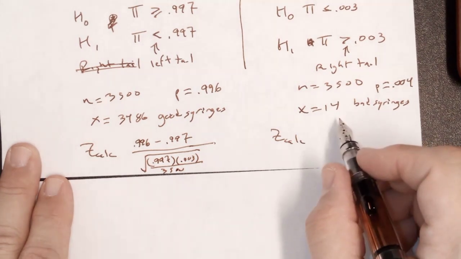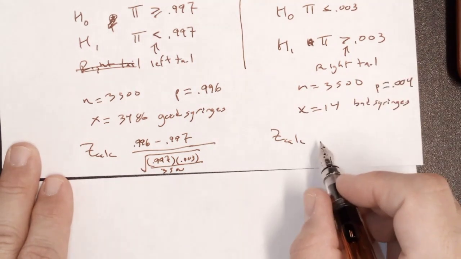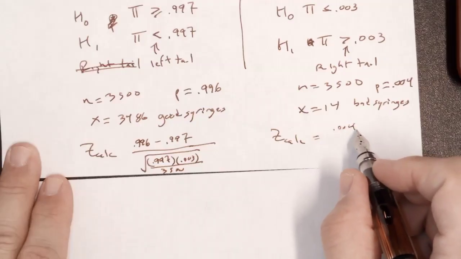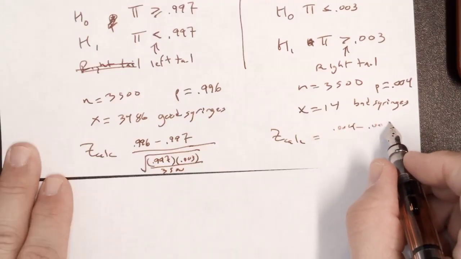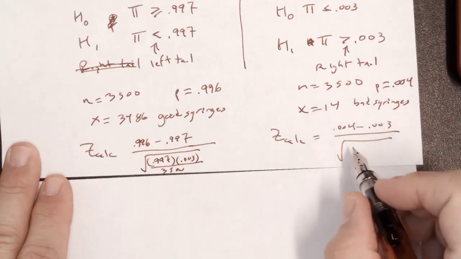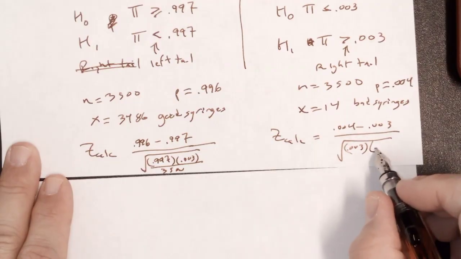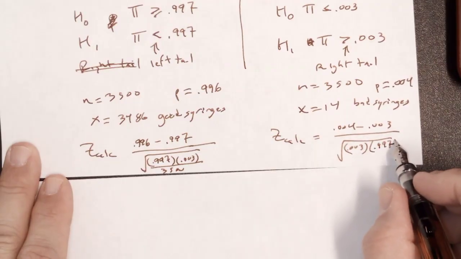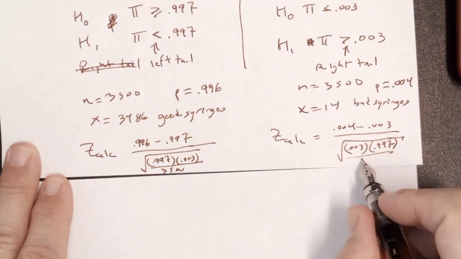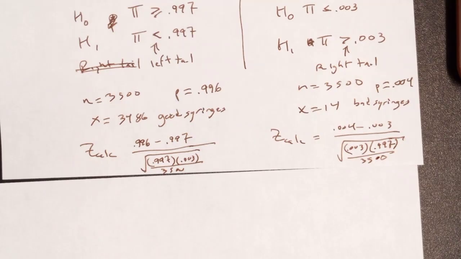Over here, I take p minus pi 0, 0.004 minus 0.003 over the square root of benchmark 0.003 times 1 minus benchmark 0.997. Notice that the bottom of the square root for both sides is exactly the same.